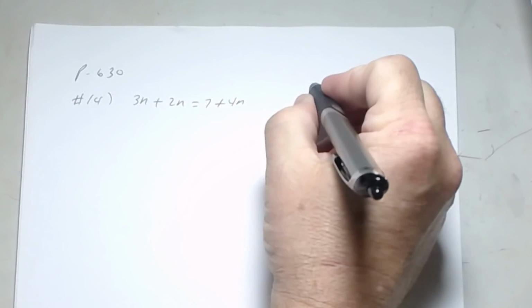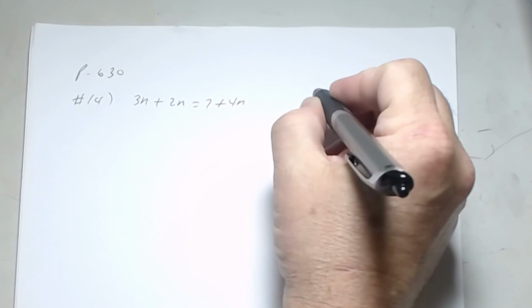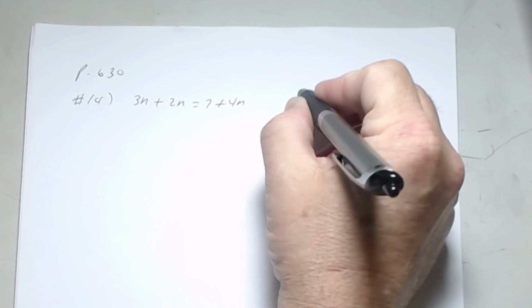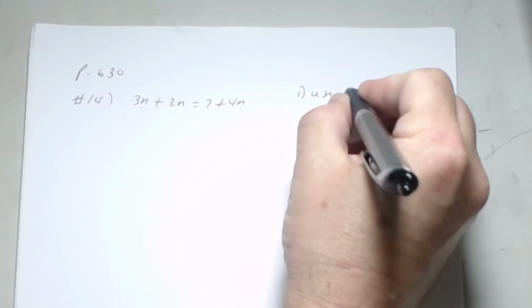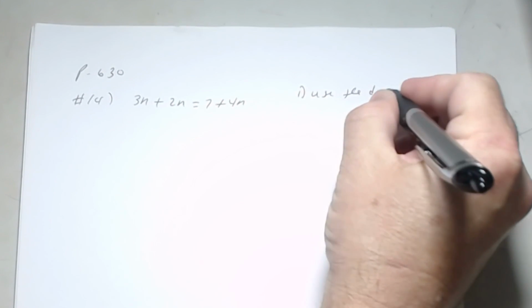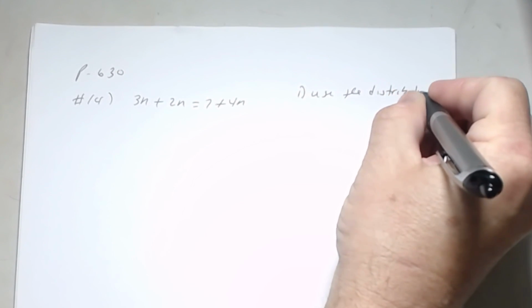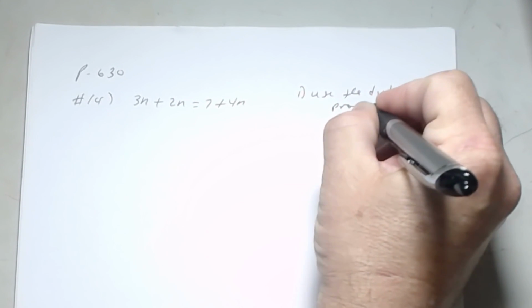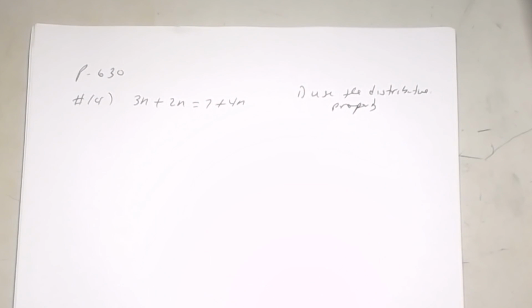For this section and the next section, these are going to be the steps. Step 1 to solving this linear equation: use the distributive property if you have parentheses. If I can use the distributive property, that's the first thing I want to do. Now, you use the distributive property when you have what in that expression?